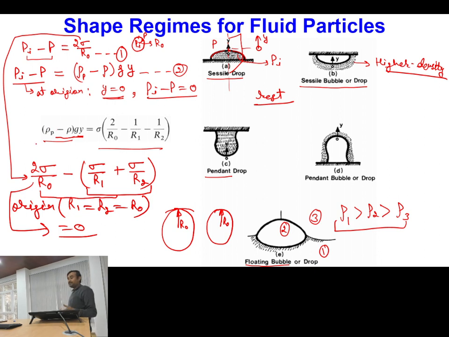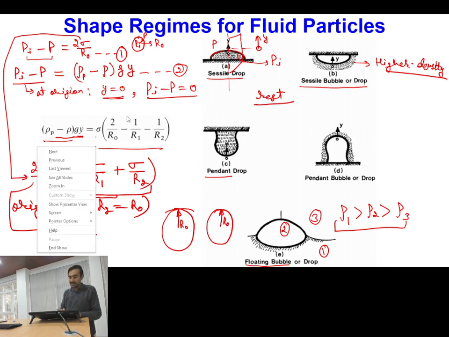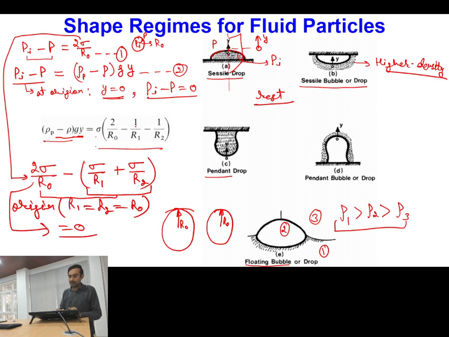So that's why the pressure because of the surface tension should also become 0. Upon including this term, I can take sigma as common outside, and I will be getting 2 by R naught minus 1 by R1 minus 1 by R2. So it means at the origin I have now balanced the pressures, that is the hydrostatic pressure and the pressure because of the surface tension.